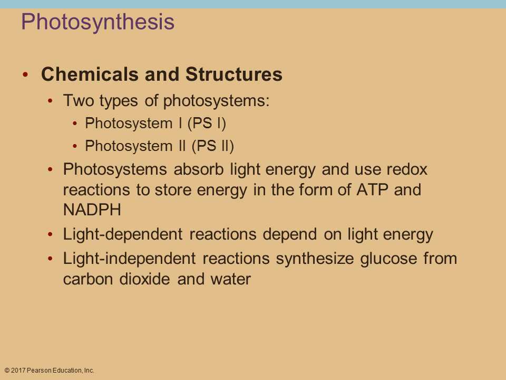It's going to absorb the solar energy and then go through a series of reactions and then store it as ATP. One of these reactions is light dependent, obviously, to absorb that solar energy. And then the second part of it is light independent, meaning that it's going to go through the process of making or synthesizing the glucose from that carbon dioxide and water.